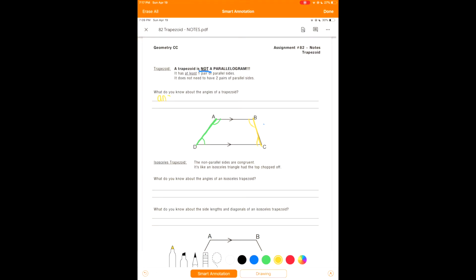So angles on the same leg are supplementary. We're just going to abbreviate that so that we fit it on the line here, which means they add to 180.